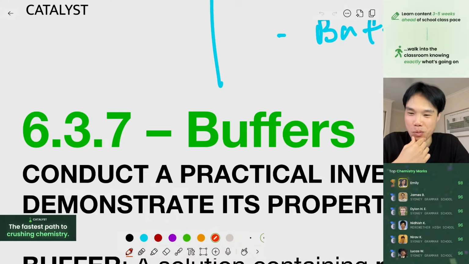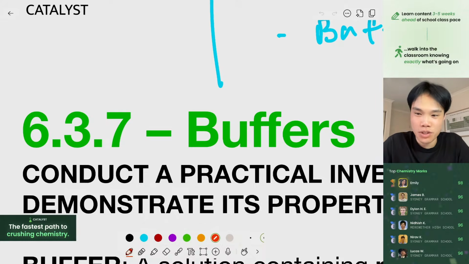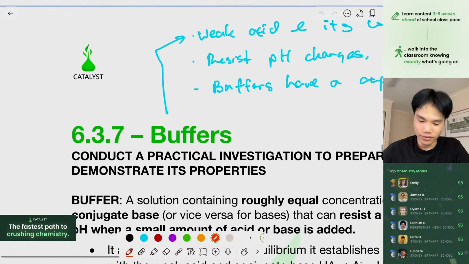A weak acid and its conjugate base that resists the change when acid and base are added. I like the extra detail. Good. I think you mean conjugate base, Jared. A buffer is a substance that contains equal parts of weak acid and its conjugate base that helps resist a change in pH. Good. Okay, we've got the main bits.